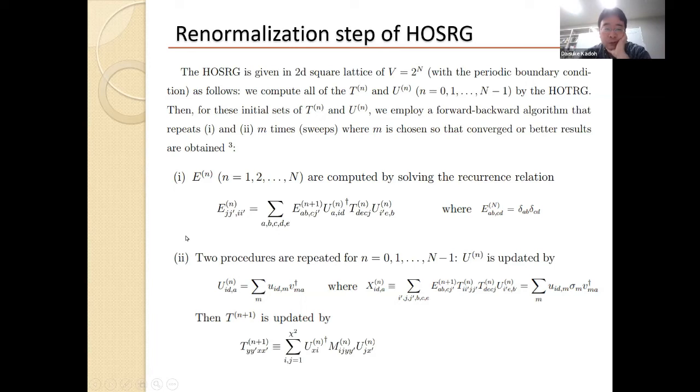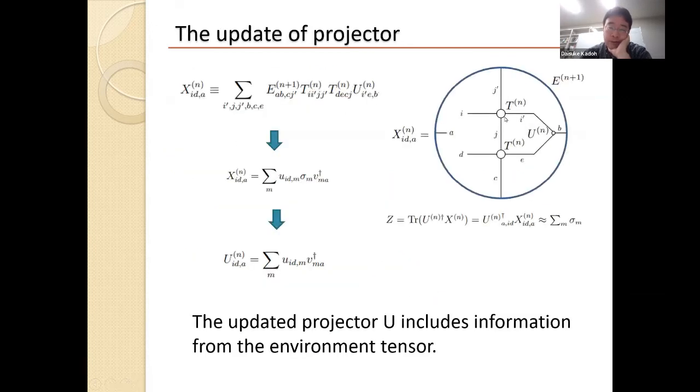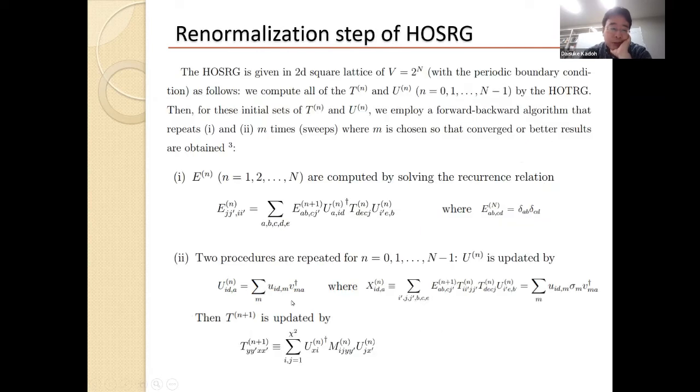In the first step, the environmental tensor is computed by solving the recurrence relation. Then two procedures are repeated. Un is updated by using this procedure, and then the renormalized tensor Tn is updated by using this projector.